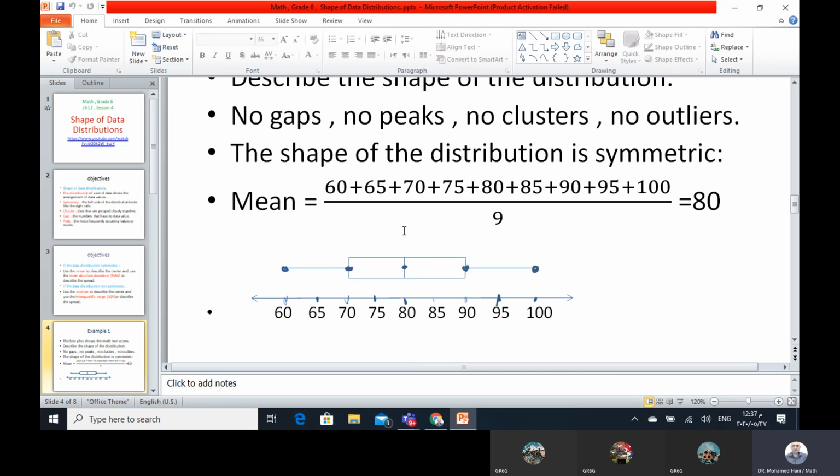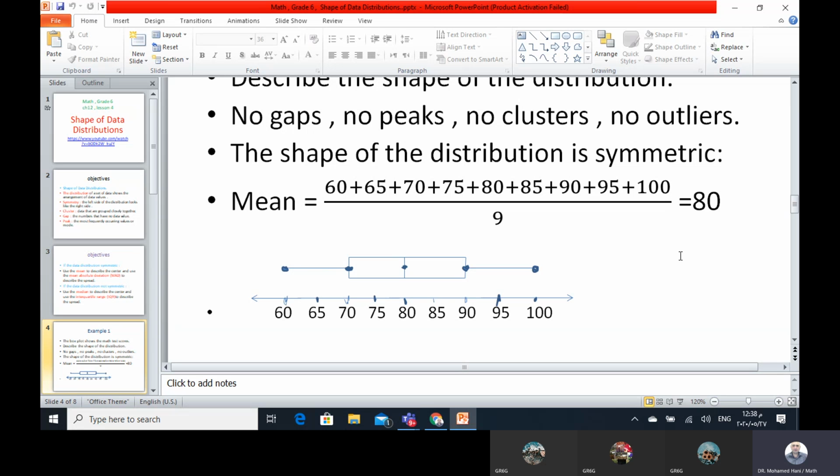I will repeat: if I draw a line in the middle, the right data is like the left data, the distance from here to here is like the distance from here to here. So this is a symmetric shape. When you have a symmetric shape, the shape of the distribution is symmetric.